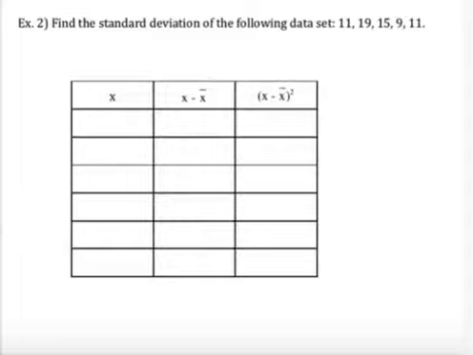It doesn't matter which order you type or write these in your table. You can fill them in straight down. Some students prefer to put them in least to greatest. That's your choice. So I'm going to go ahead and fill it in: 11, 19, 15, 9, and 11.